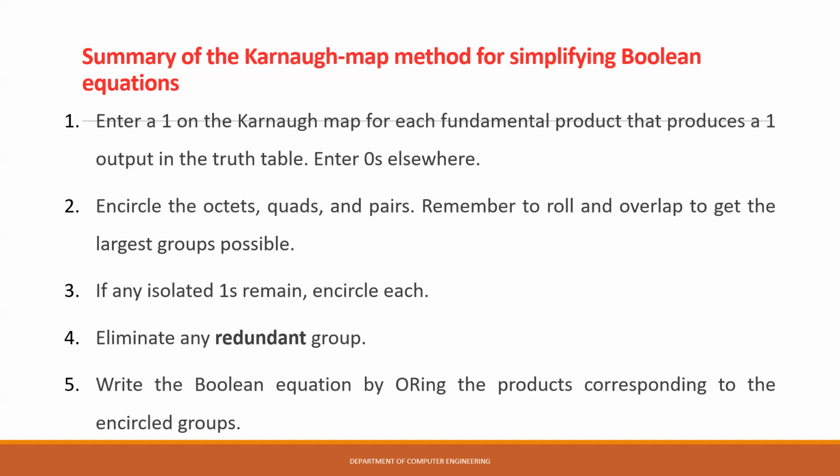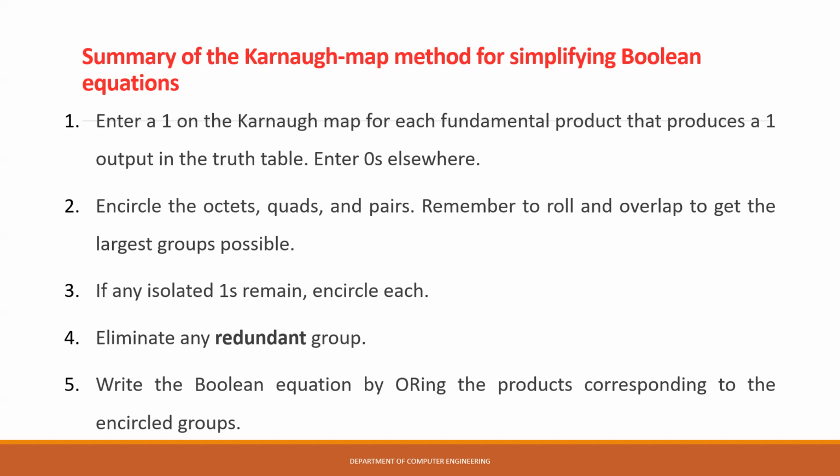For example, let us consider y is equal to AB plus AC plus AB bar. In this expression, there are three terms as AB, AC, and AB bar. For these terms, output should be 1.